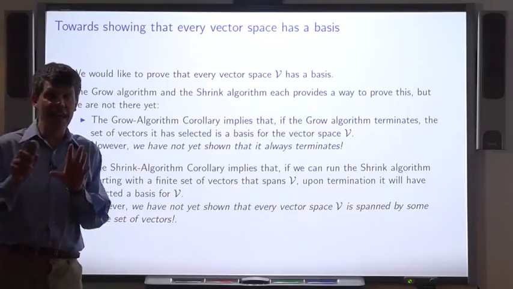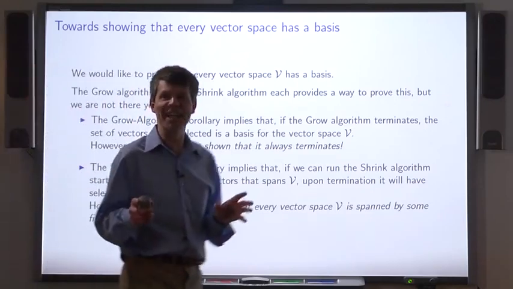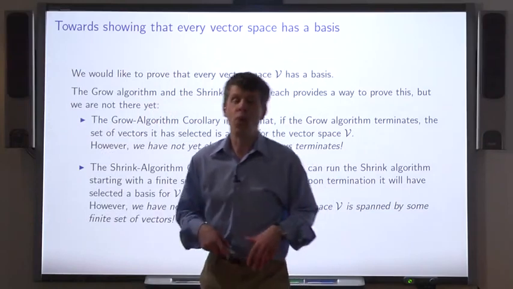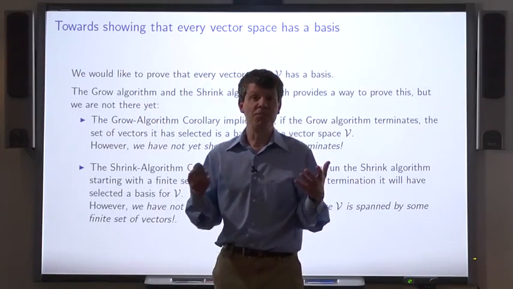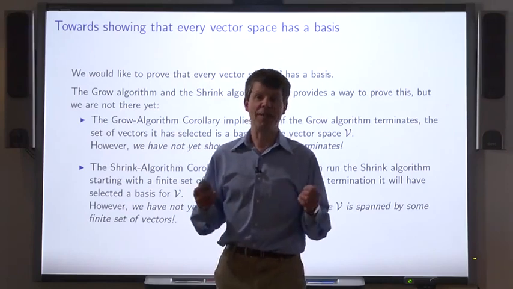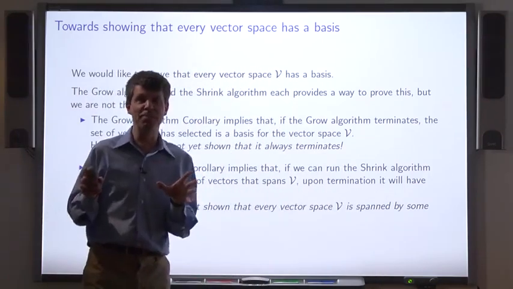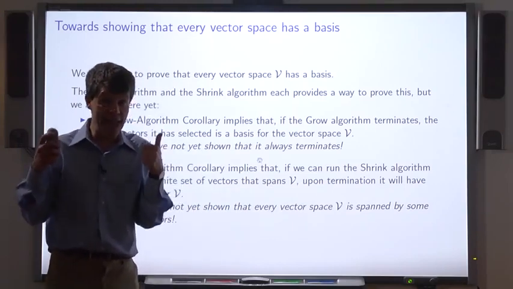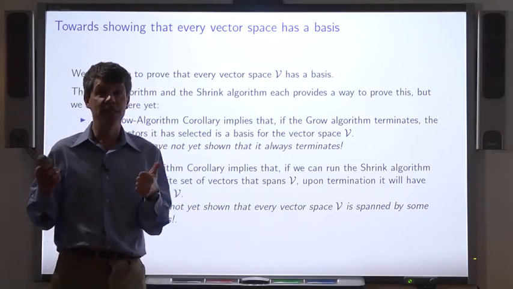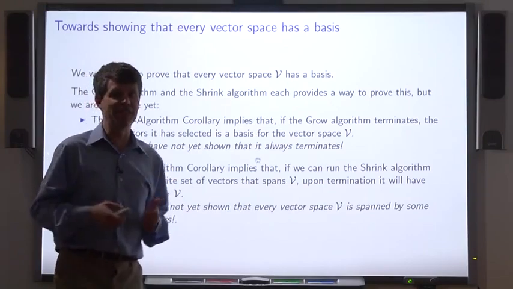Now, this is not a merely technical matter. In the wider world of mathematics, one has to deal with vector spaces for which there's no finite set of vectors that span it. In this course, however, we're going to keep things simple, and it'll turn out that every vector space does have a finite set of generators, and that every vector space has a basis.